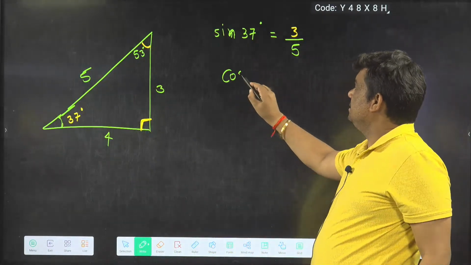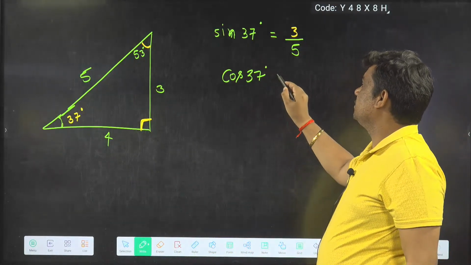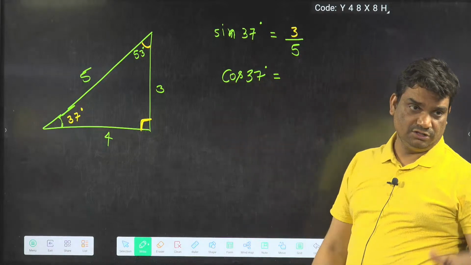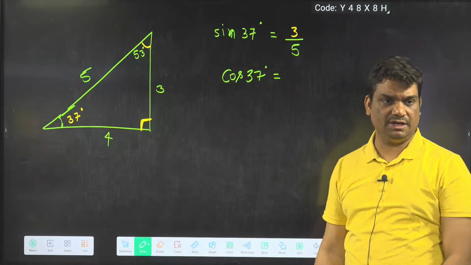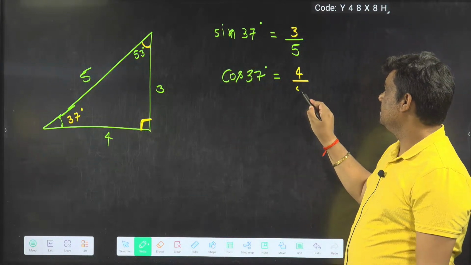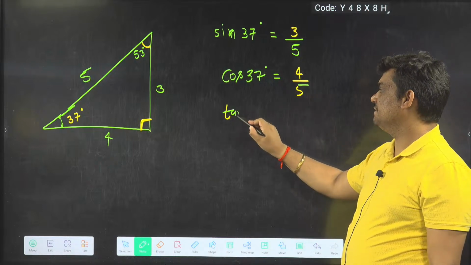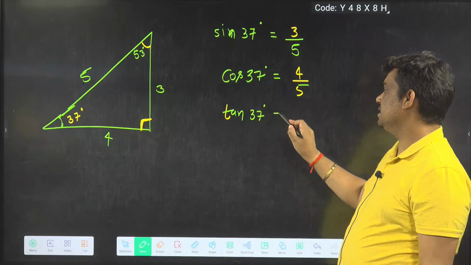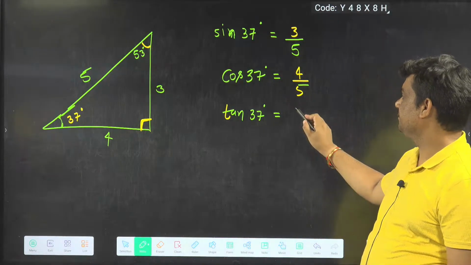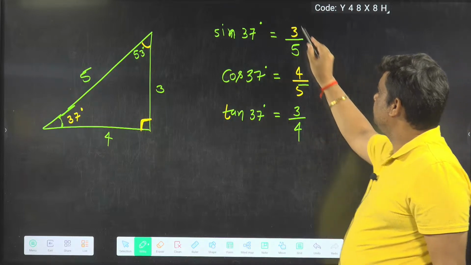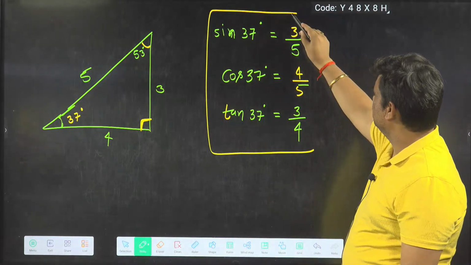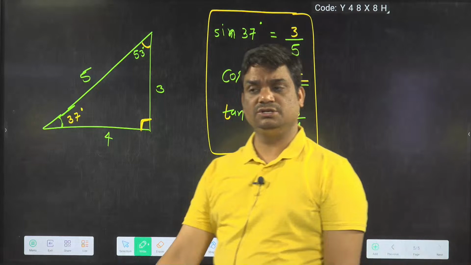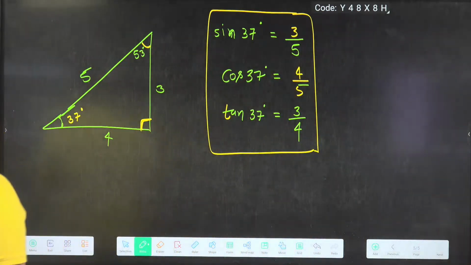Cos 37 is 4 by 5, and tan 37 is 3 by 4. Other than 0 to 90, this 37 will be used.